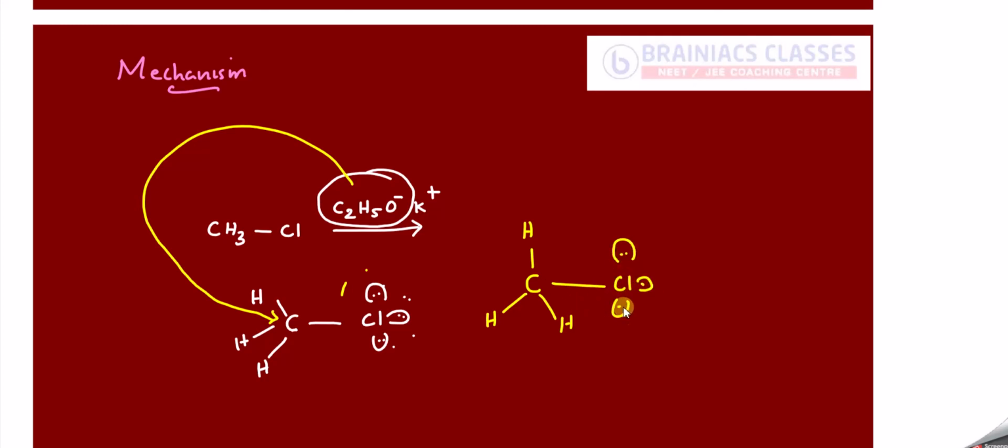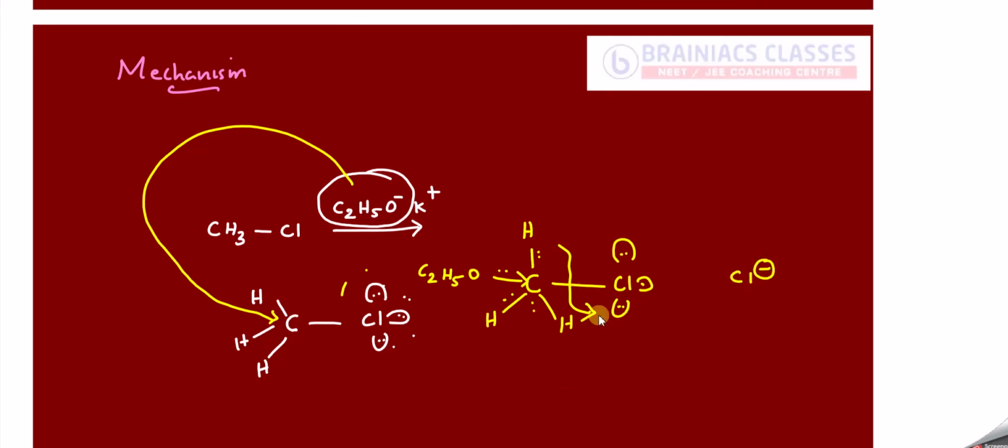So how it will move out is when the C2H5O minus comes and attacks this one, here you will have C2H5O. When it comes and joins here, you can see the valency of carbon is now becoming 10. So we know that chlorine is an easily leaving group. So at this point, when it hits here, at the same time this chlorine will leave as Cl minus.